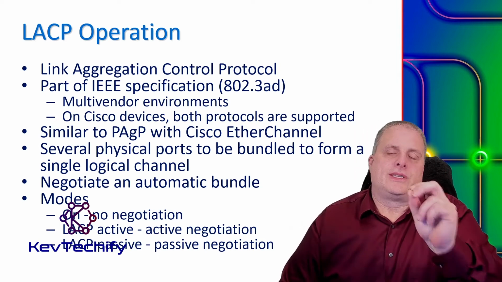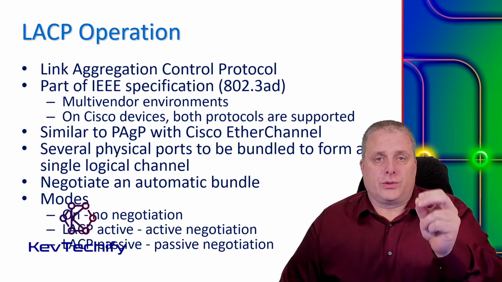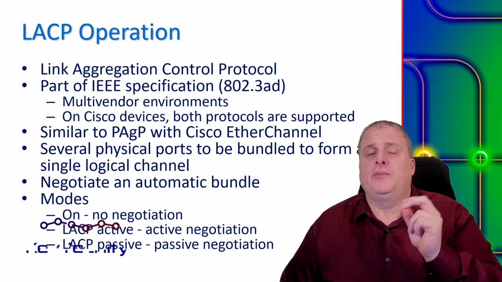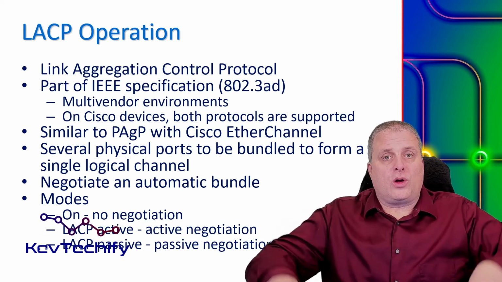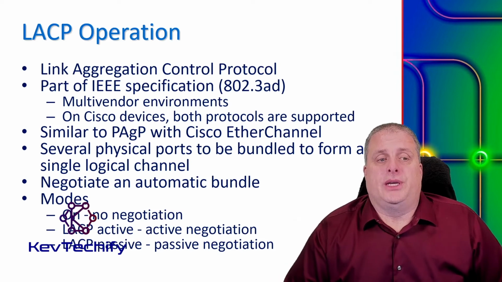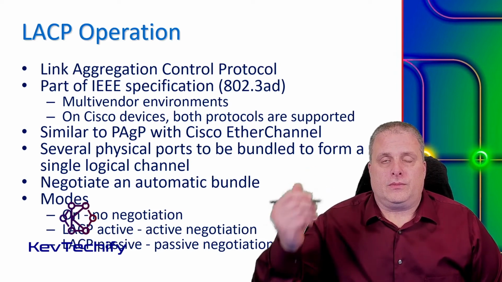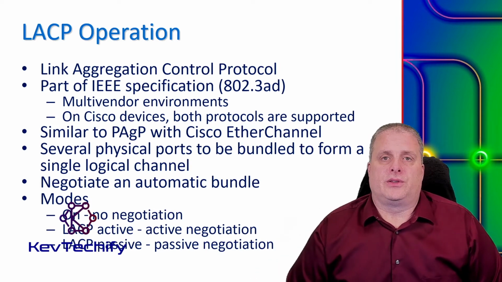Something to note though, Cisco is smart. Yes, we do have our own proprietary protocol, but we also want to make sure that if a company has other switches, we can all play nicely together. So they also support LACP. Now, it's very similar to PAgP with the creation of those EtherChannels.